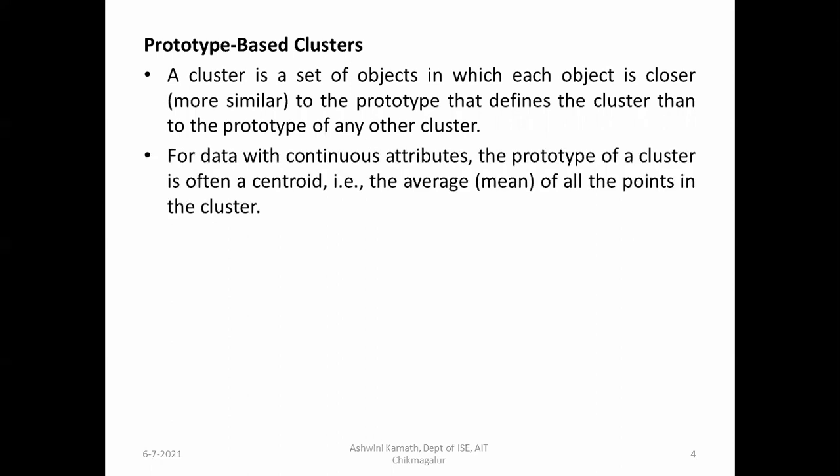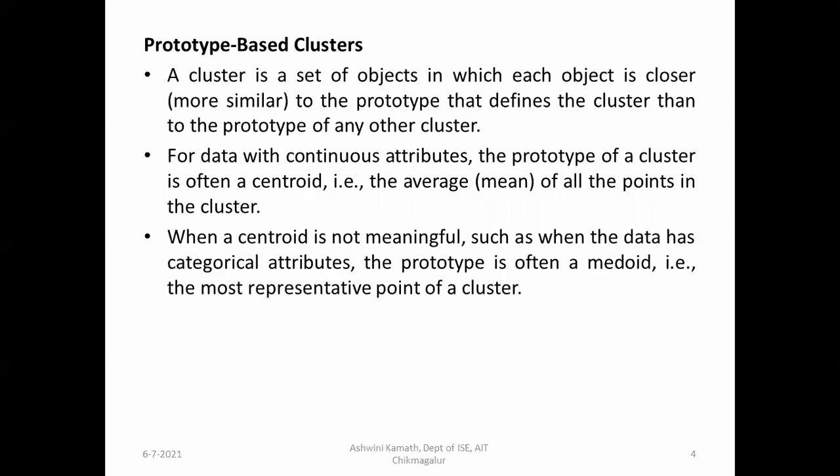For data with continuous attributes, the prototype of a cluster is often a centroid, that is the average of all the points in the cluster. Usually when we have continuous values in the data, the prototype will be the centroid. Centroid means the average of all the points. For example, if you have 5 points, add them up and divide by 5. That is the average of all the points, that will be the mean.